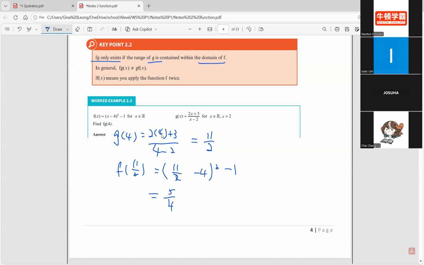So actually your range will be real numbers, that means any number. You can have fraction, you can have decimal. When this one is real numbers, you check fx domain is real numbers also. So then fg exists. This is what I try to tell you for this part.